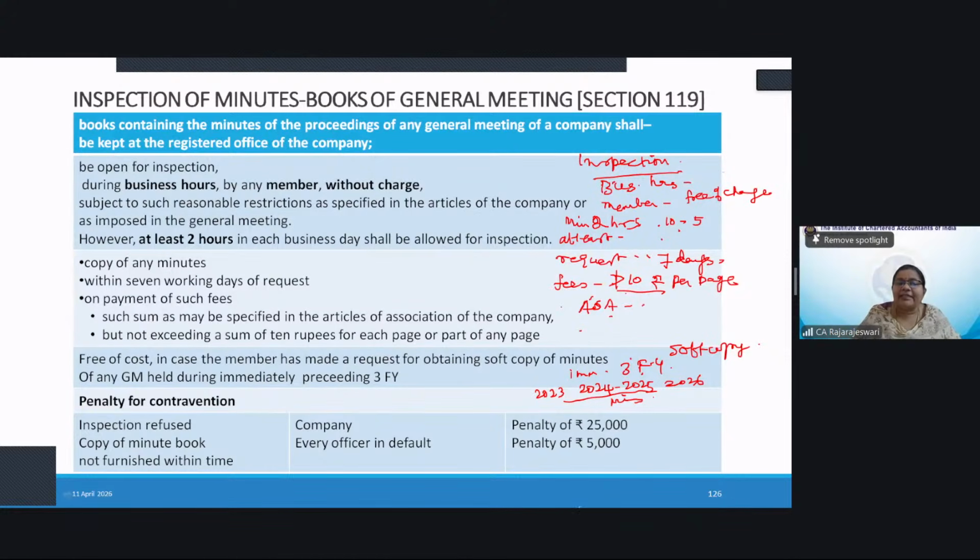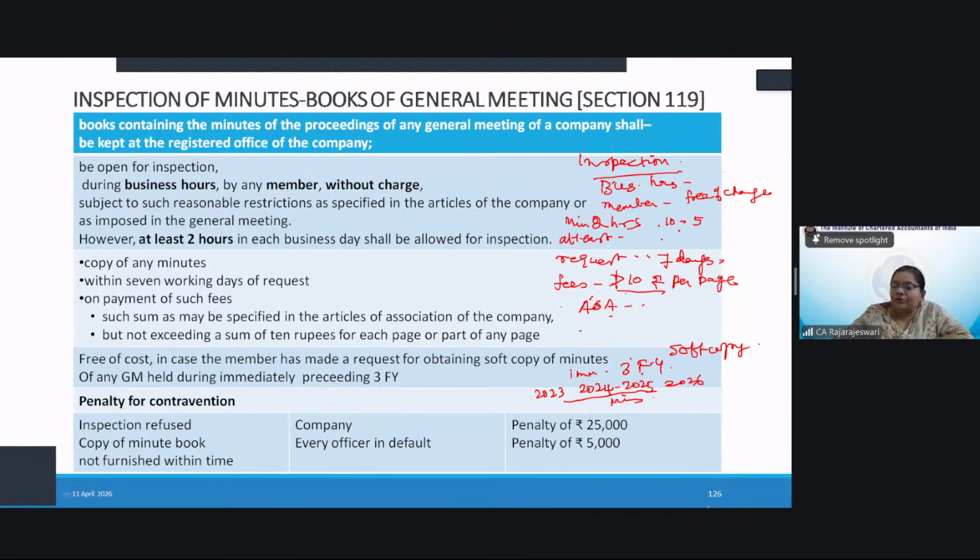Suppose the company refuses, then the company should pay a penalty of 25,000 and the officer should pay a penalty of 5,000. If you are refusing the inspection or not furnishing it within time, within 7 days, then the company and every officer in default is liable for a penalty.